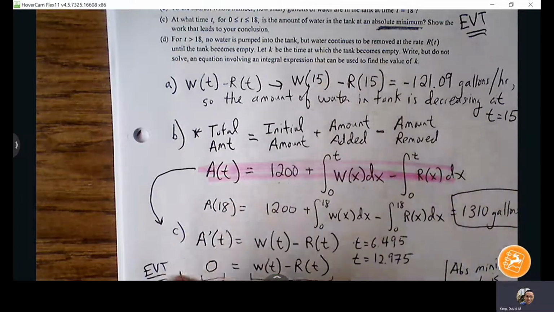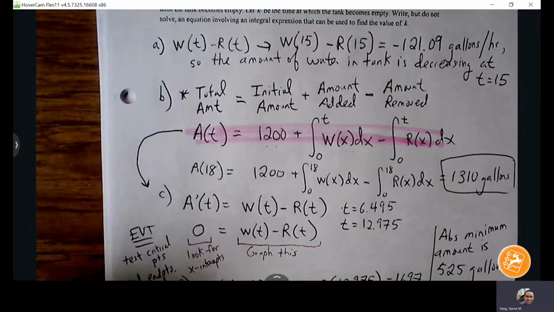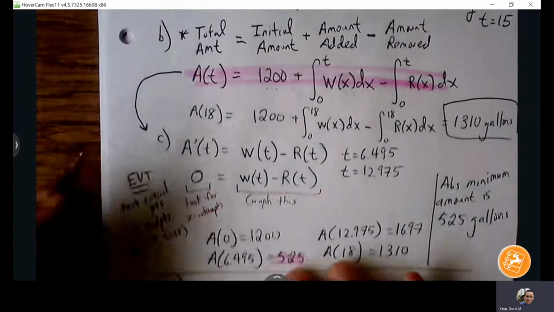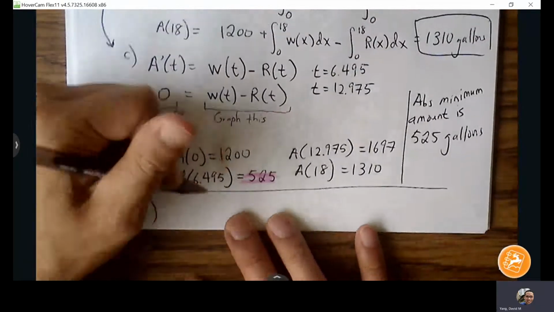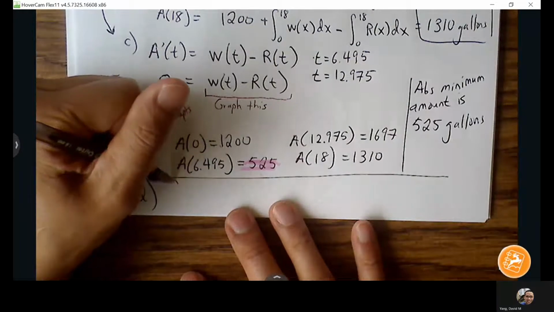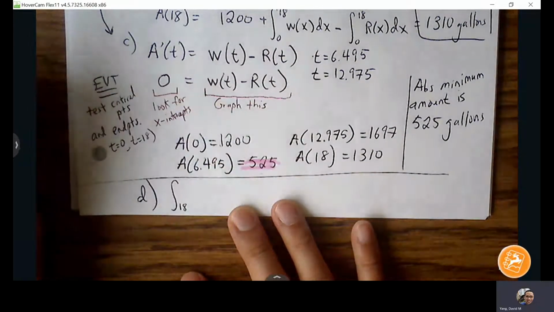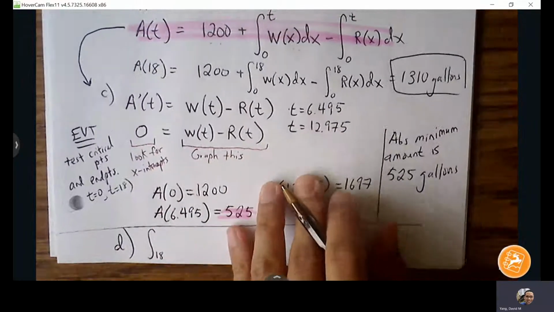So we just want to figure out how long it will take for this tank to completely drain of the water that's inside the tank. So we know how much water is in the tank 18 hours in, or how much water needs to be drained from the tank.